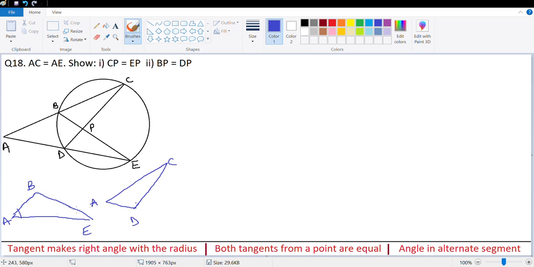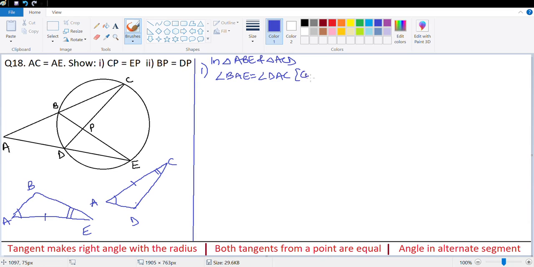Angle A is common to both of them. AC is given equal to AE. And I will get angle BCD, which is angle ACD here, equal to angle BEA, equal to angle here. Why? Because these are angles in the same segment. Let me write this down. Point number 1. In triangle ABE and triangle ACD, angle BAE is equal to angle BAC.